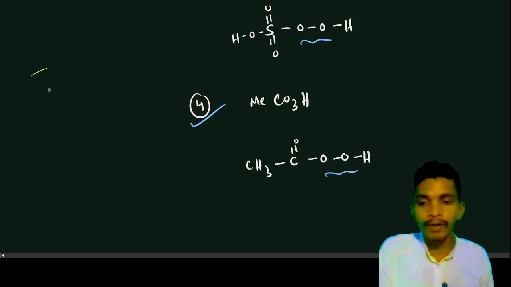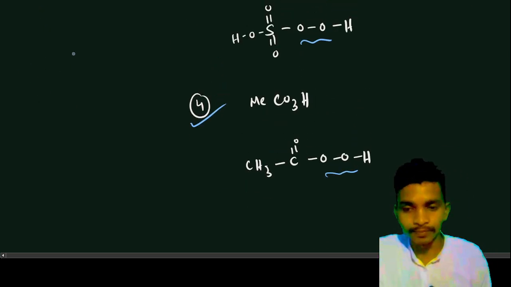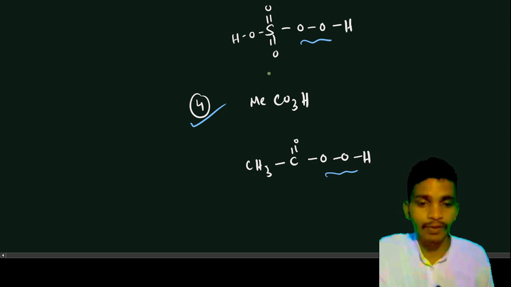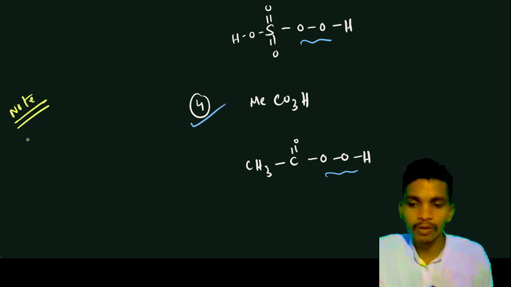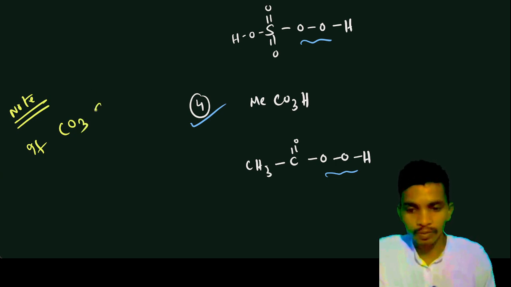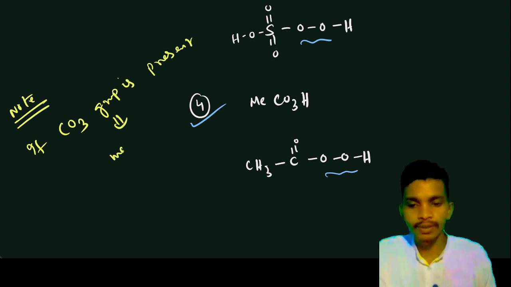And for identification, if you get confused whether this is a peracid or not, note that if any CO3 group is present, then there is more chance of a peracid. If you are confused, and you see an O3 group, then understand that a peracid is there.